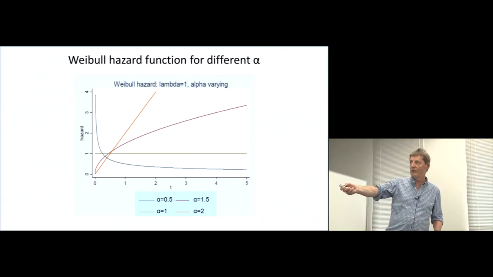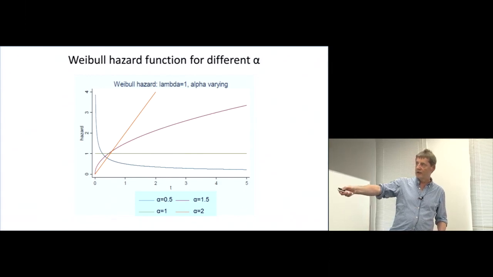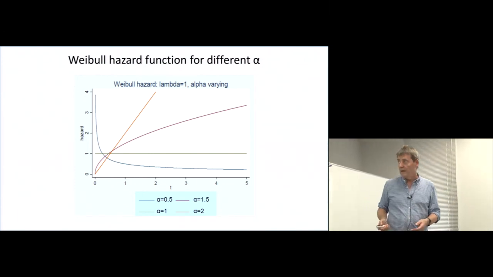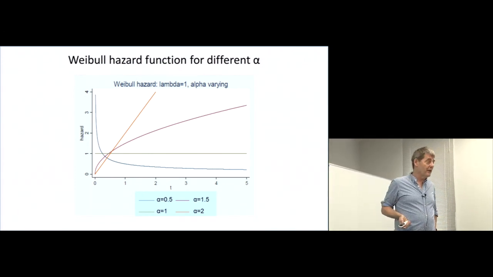So we've got these possibilities. This is a decreasing, and then we've got a couple of increasing ones here. So yeah, the reason it's popular is it's quite simple to estimate and it's flexible.